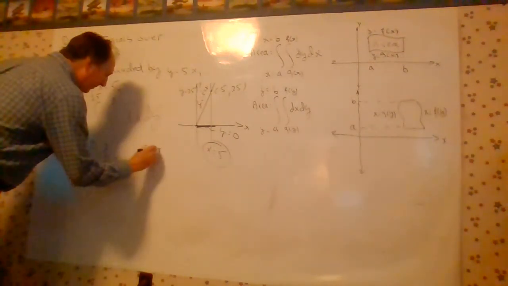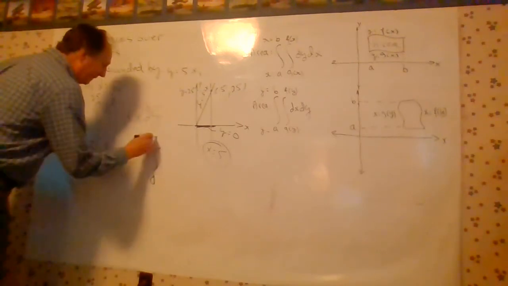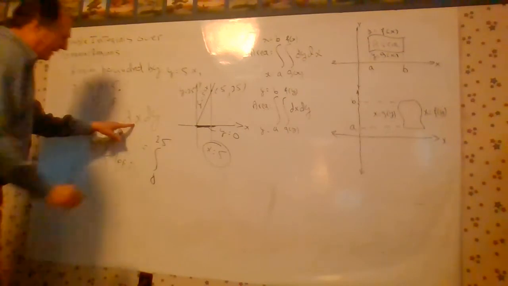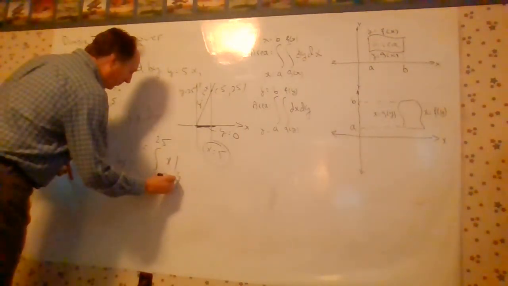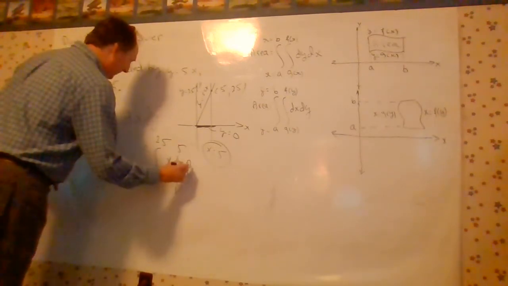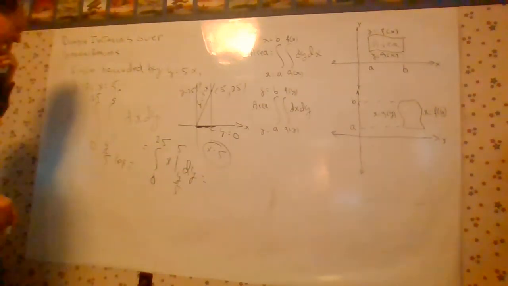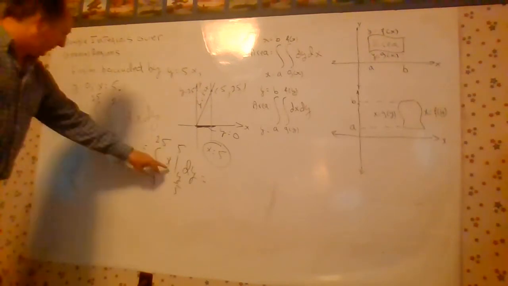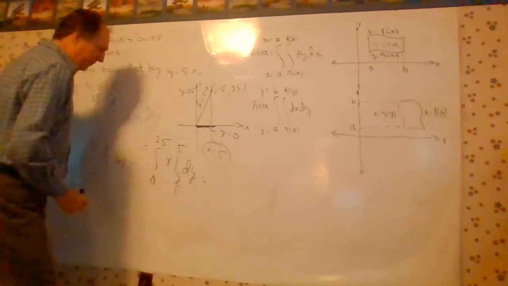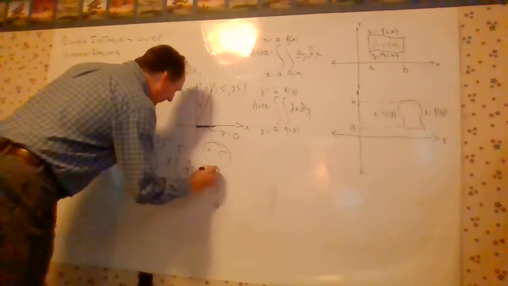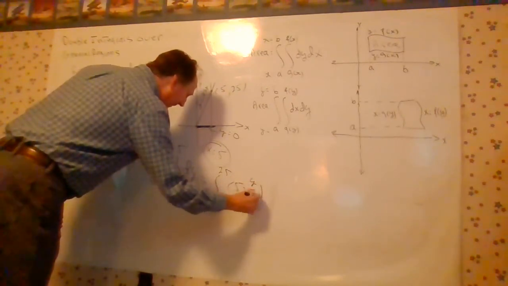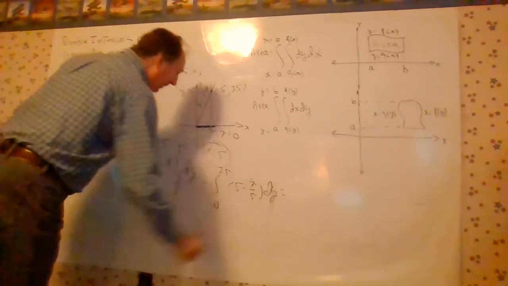I'll evaluate this one just to conclude the video. We integrate dx, we get x from y over 5 to 5 dy. Okay, the integral becomes x. We put these limits in. Now we substitute, subtract. You get integral 0 to 25, 5 minus y over 5 dy.